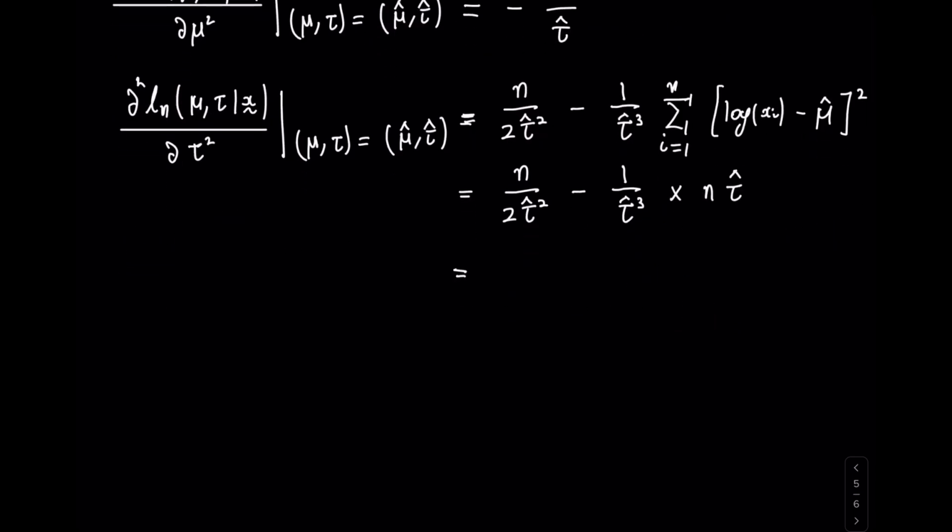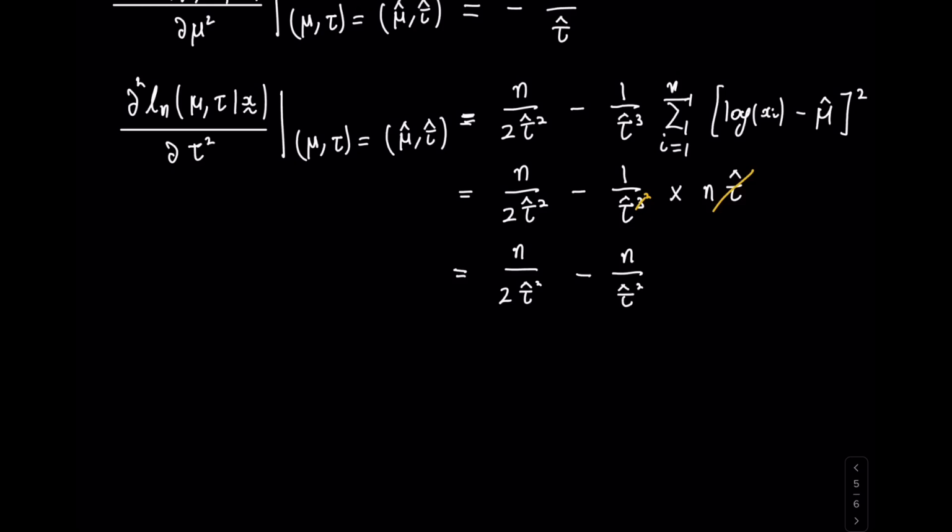Doing a bit more simplification, that becomes n on 2 tau squared minus this tau cancels with one of the taus in the denominator to be left with 2. So it becomes minus n on tau hat squared.